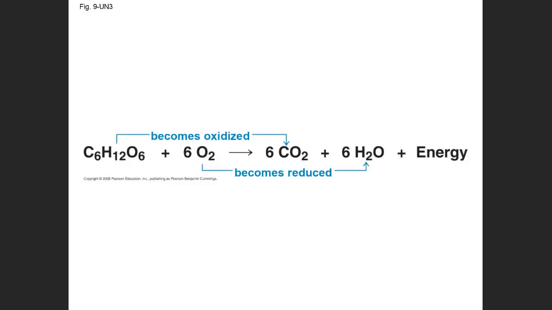So here's our fully reduced molecule glucose. As it becomes oxidized, it turns into CO2 because it's losing electrons to become carbon dioxide. The oxygen is being reduced because it's gaining electrons to become water. So the glucose will be oxidized and the oxygen will be reduced. And we end up with CO2 and water, and in the process, energy is going to be formed.